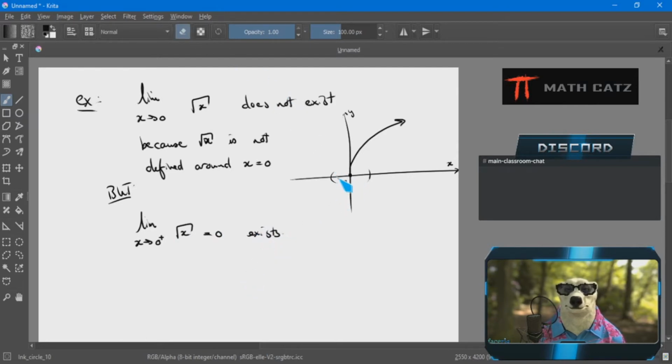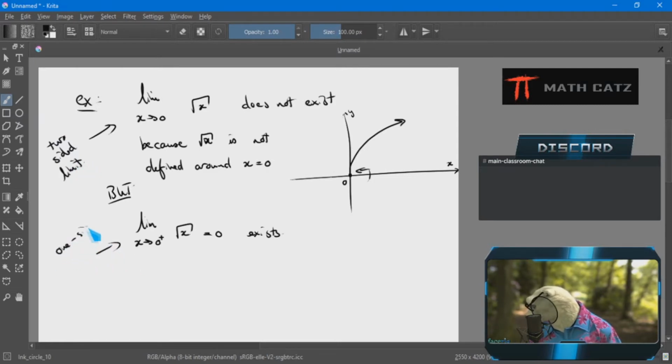Because then we are saying, we don't care about exploring behavior where there is no behavior to explore. It's silly. Let's just come at it where we can, and then there is nice, stable, predictable behavior, and no problem at all. So we have a two-sided limit, and we have a one-sided limit where appropriate.